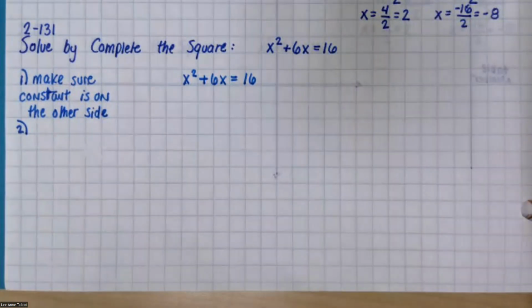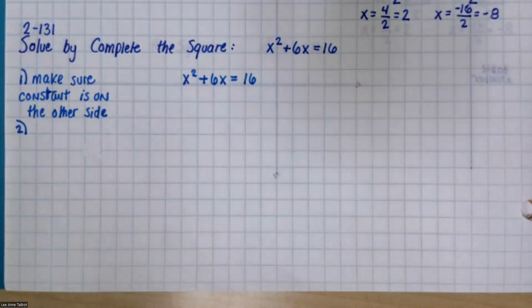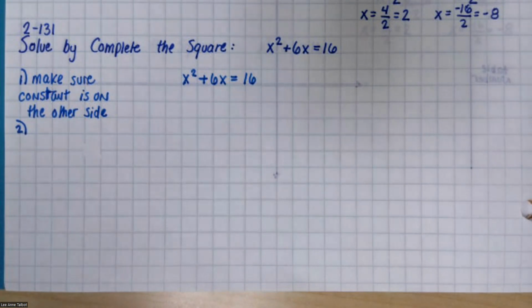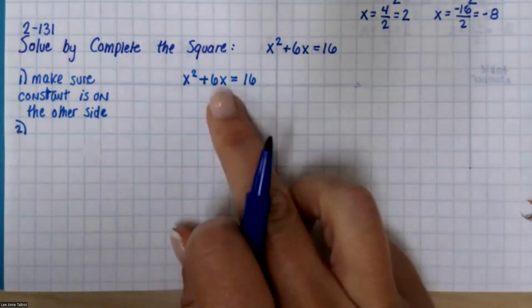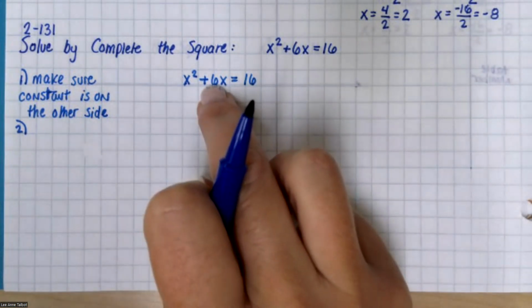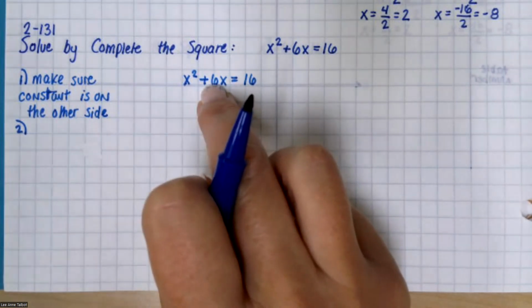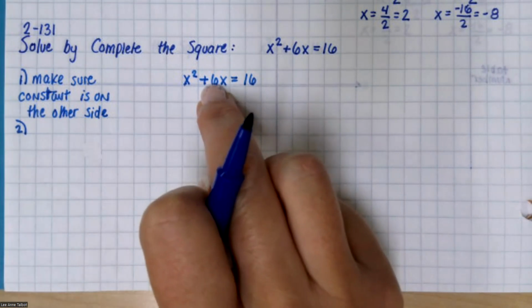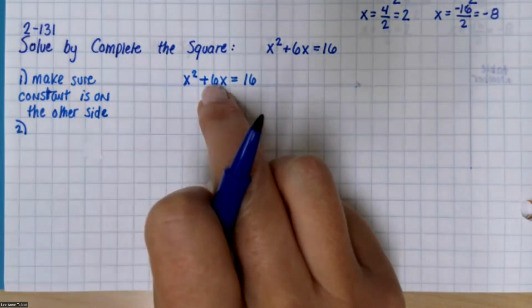Step 2. Okay, now this is where I'm going to deviate maybe from Guinan and Miceli. I'm going to do complete the square with completing the square. I know you're like, what does that mean? I'm not going to just take the 6 and cut it in half and square it. I'm going to actually complete a square. If you want to take the 6 and cut it in half and square it, because that's what you learn, that's totally fine.